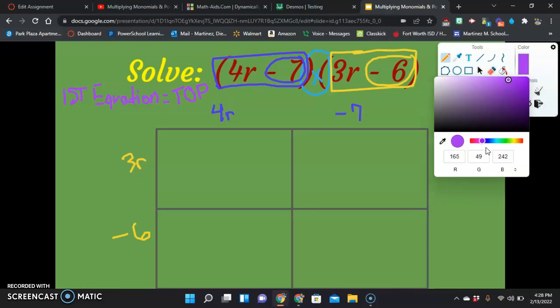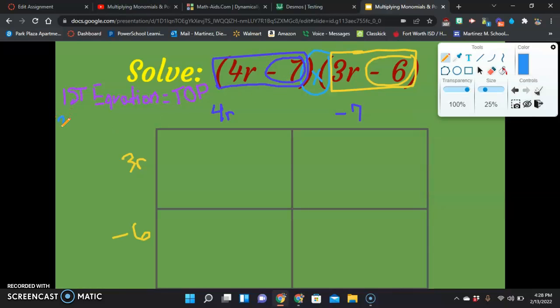And the second equation goes to the side. So make sure you have this written down as if it were a key to solving.